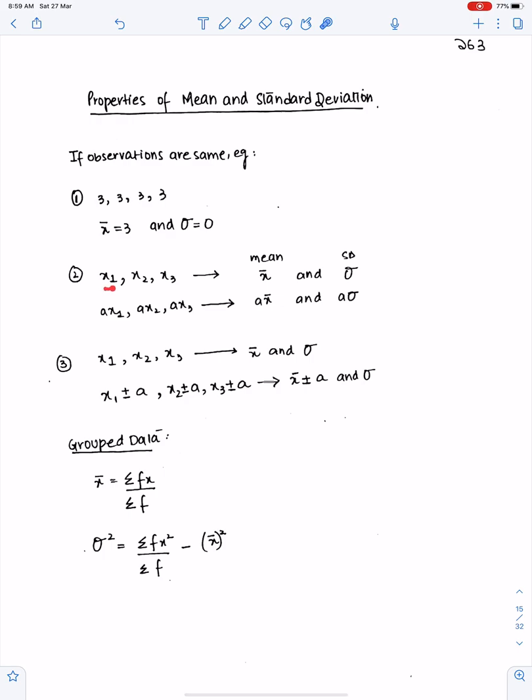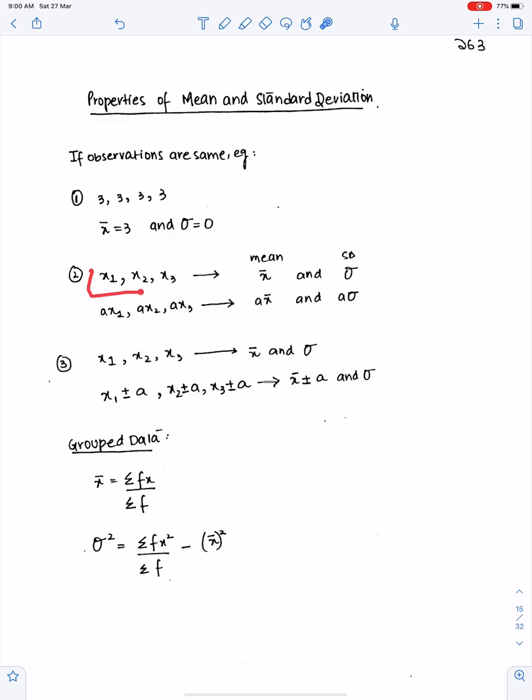If you multiply each and every observation by a non-zero constant like a, you multiply x1 by a, x2 by a, and x3 by a, then you need to multiply their mean by a and their standard deviation by a.